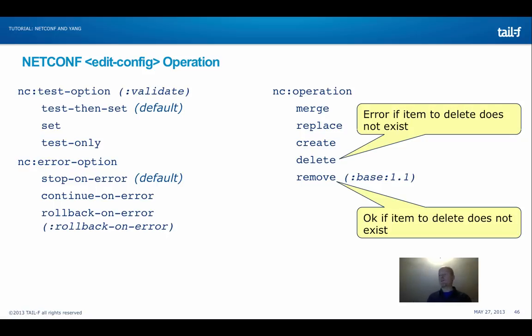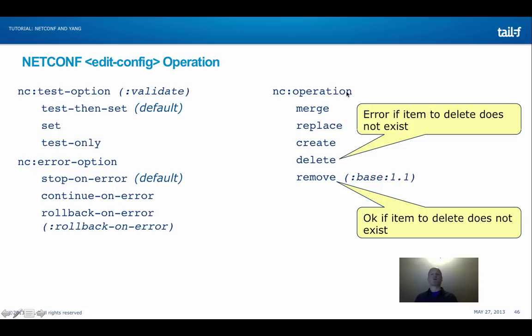If you look at the edit config, you can specify test options. Test and set is the default. Set without testing, and test without setting. There are error options: stop on error, not to continue, or roll back on error, which would go back to the previous state.